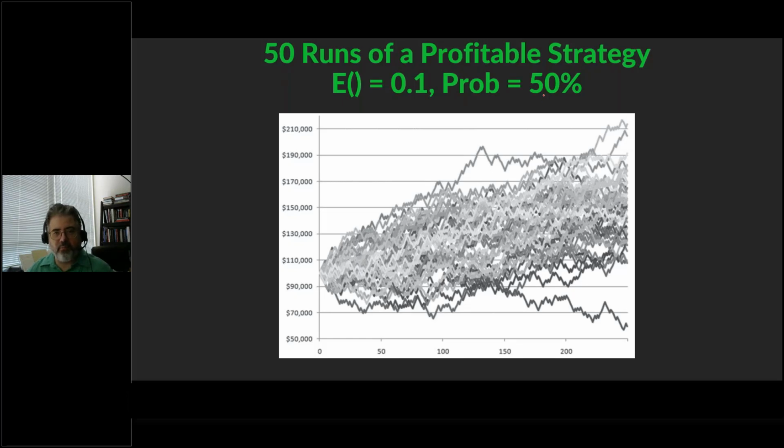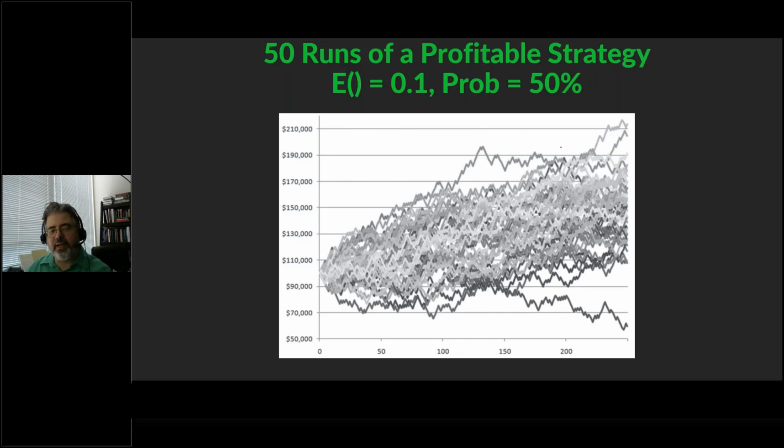So the probability of winning is 50%, and the winning trades, when they happen, are bigger than the losing trades. So the overall expectancy of the system is 0.1. This is a system that if you traded this, you would expect to make money. If you had back tested, you would have seen there was a strong edge. And then, if you forward tested, you would have seen there was a strong edge.